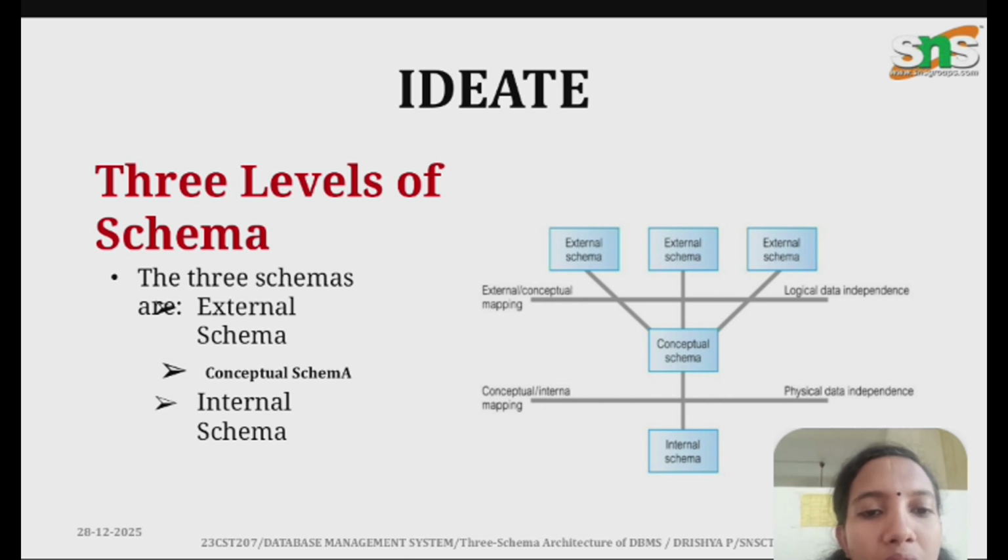The internal schema and the conceptual schema are separated by the conceptual-internal mapping, or physical data independence, and the conceptual schema and external schema are separated by logical data independence, or external-conceptual mapping. This is the division of the three levels of schema.